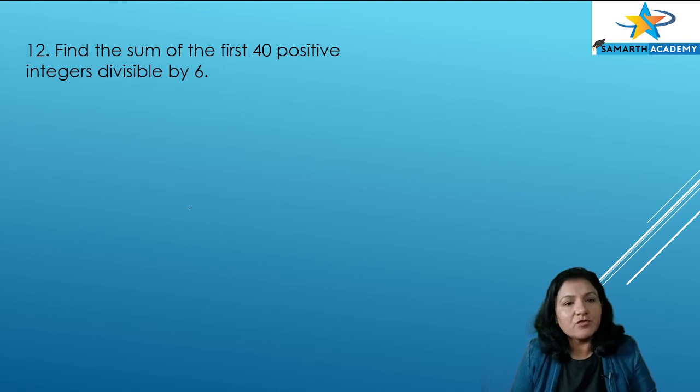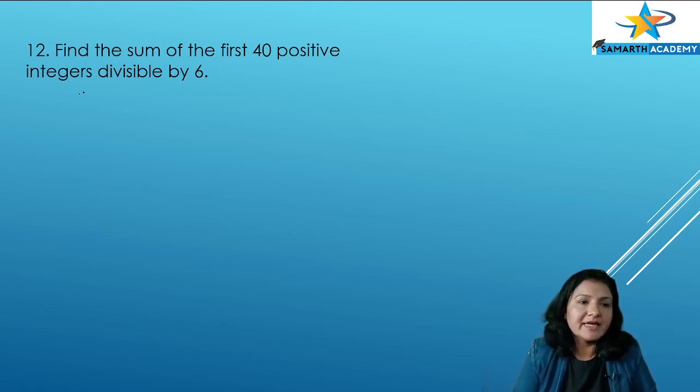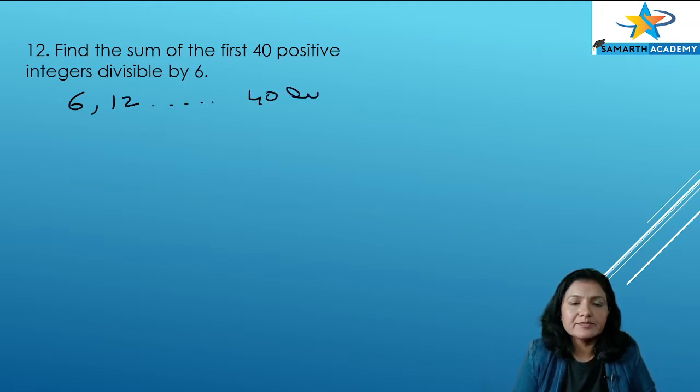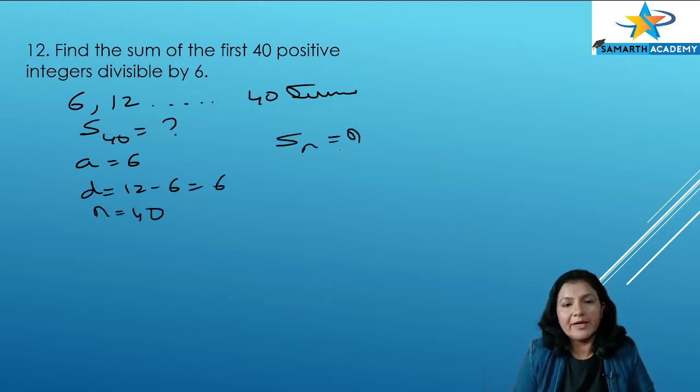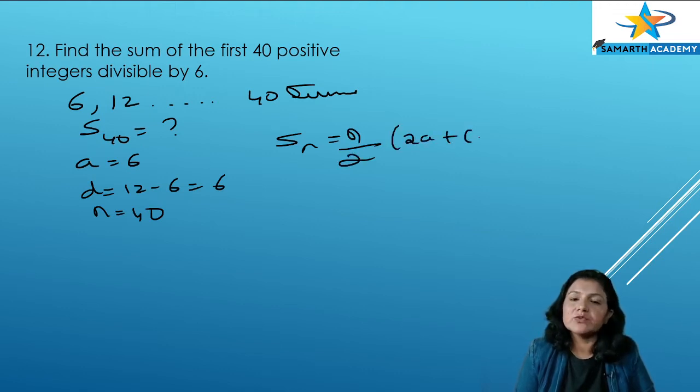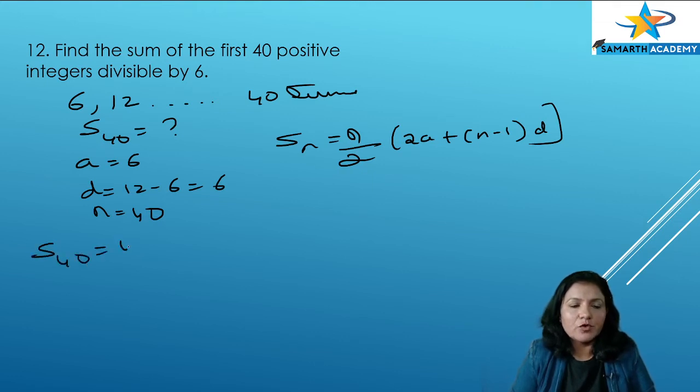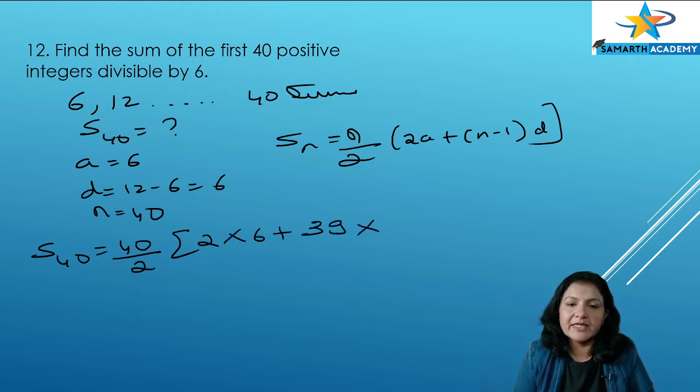Find the sum of first 40 positive integers divisible by 6. Let us write 6, 12 and so on up to 40 terms. He is asking S40. A equal to 6, D is equal to 12 minus 6, that is again 6, and n is equal to 40. We know the formula, Sn is equal to n by 2 into 2a plus n minus 1 into D. So S40 equal to 40 by 2 into 2a, A is 6, plus n minus 1, that is 40 minus 1 is 39, into d.